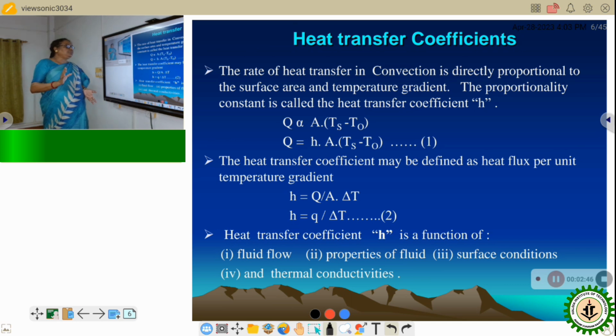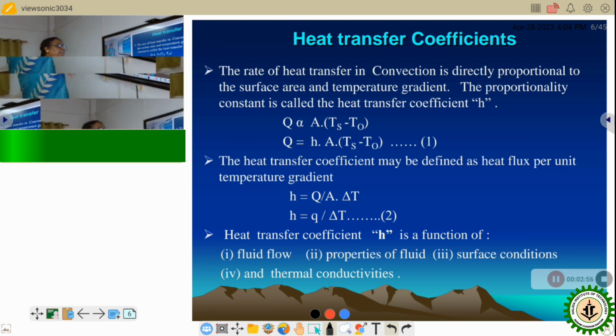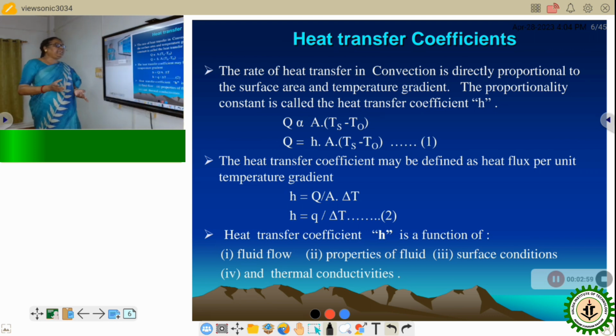So Q is equal to small h into capital A into Ts minus T0, and small h is indicated as the heat transfer coefficient. It may be defined as the heat flux per unit temperature gradient. So small h can be written as small q by delta T.